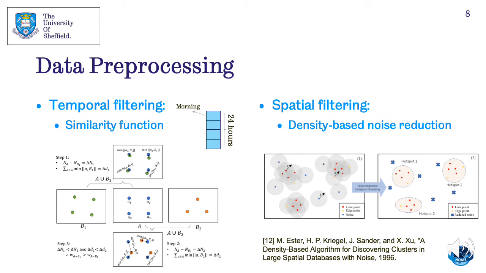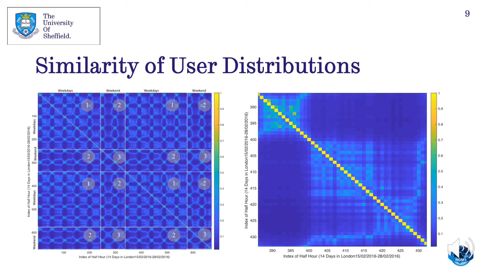So let's first see the result of the similarity of user distribution. That's the result when we run the temporal similarity. Along this side is a time span of 2 weeks, 40 days of London, and that's the same on the other axis.